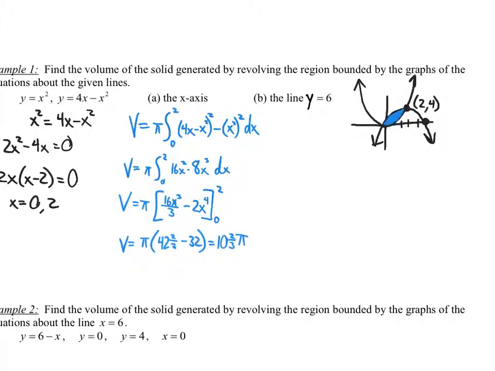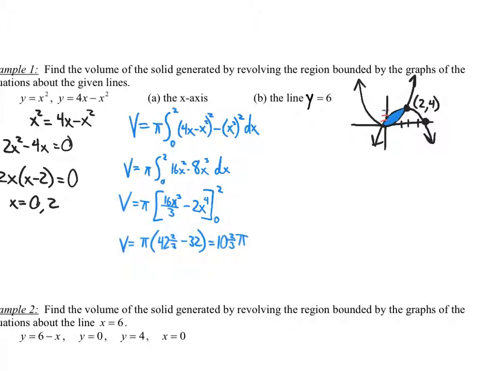All right, now earlier in the warm-up we skipped the couple that revolved around other lines. But I want to address that here, okay? We can revolve this around the line y equals 6, okay? Now this is kind of an odd thing to do, all right? But the reality is we can revolve this however we want, okay?